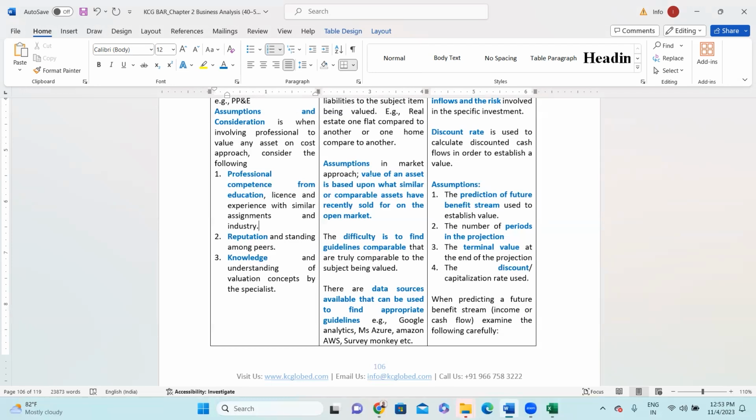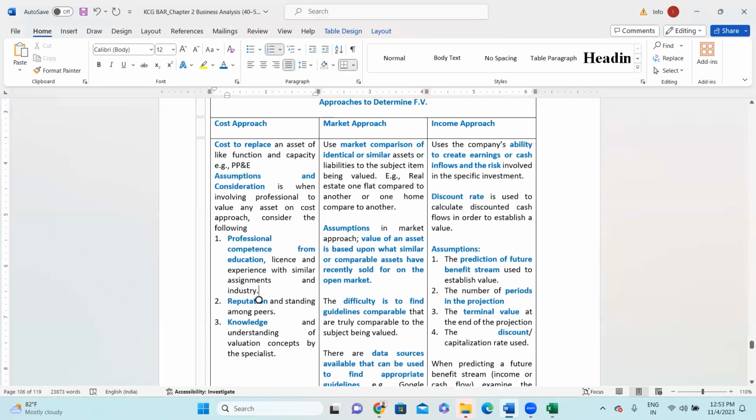If it is for the property, plant, equipment, land, building, machinery, the respective person must have a detailed understanding of the valuation concept for the respective category of valuation, right? So these all things you need to keep in mind when you are using cost approach and assigning the work to specialists to do the valuation for your organization or for yourself.